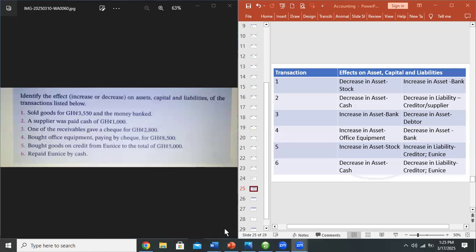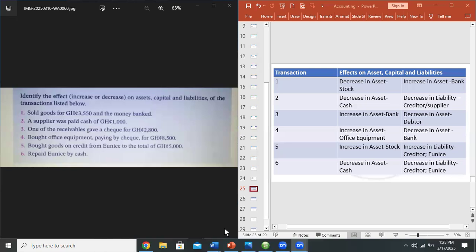And I'm telling you that in accounting, for you to be able to record these events or transactions, you need to know the double entry principle. But prior to that, you need to appreciate how the transactions affect your assets, liabilities, and capital. That is why I was stressing that if you didn't understand the increase, decrease bit that we saw last week, you're going to have challenges here.